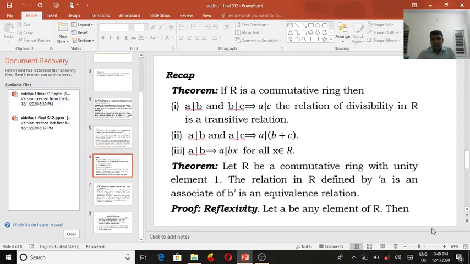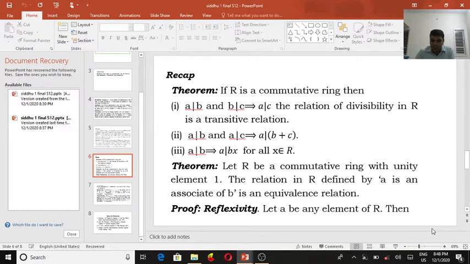By using that divisibility, here is a simple, preliminary theorem you have proved at the PU level. If R is a commutative ring, then A divides A, which is called the reflexive property. A divides B and B divides A is the symmetric property.